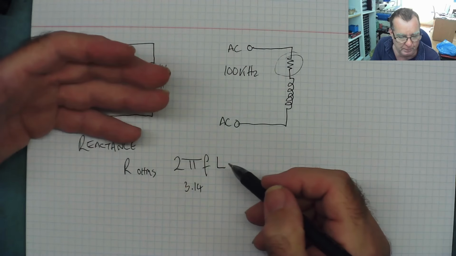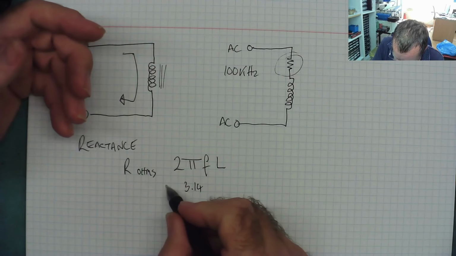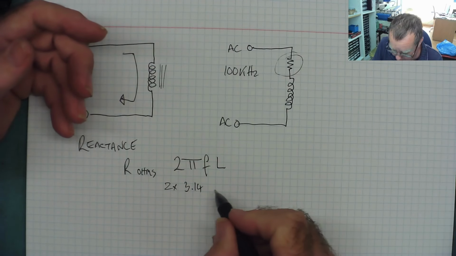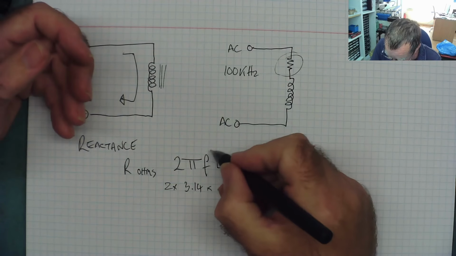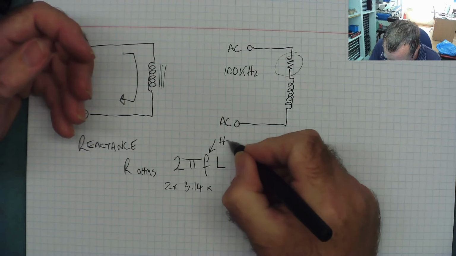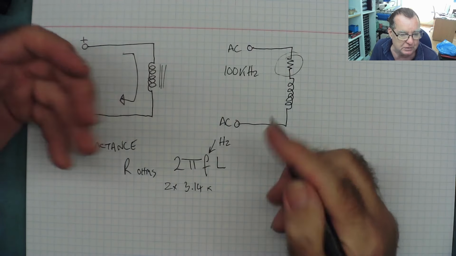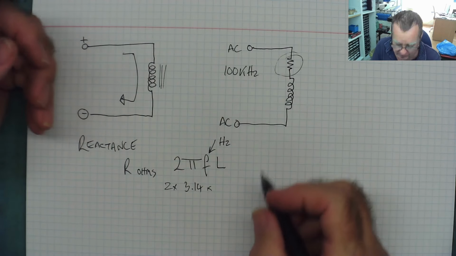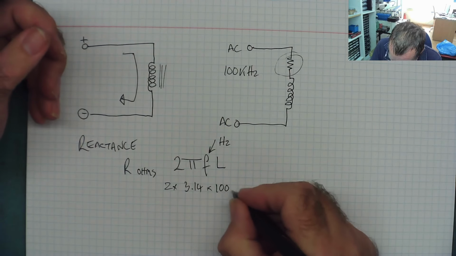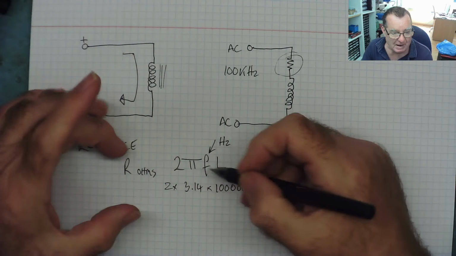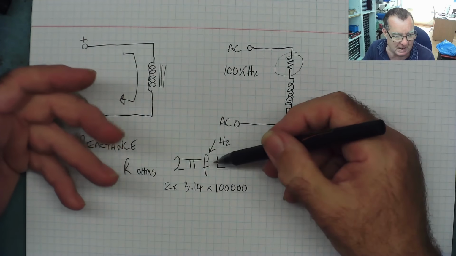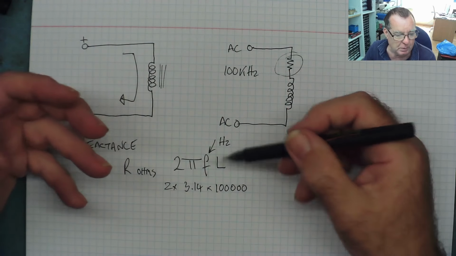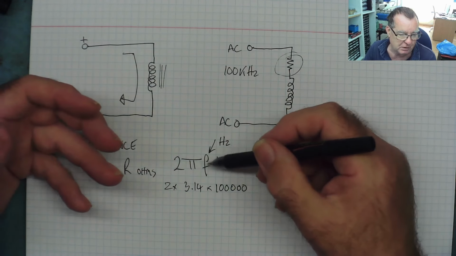So this formula becomes a bit simpler now. It's actually 2 times 3.14 times the frequency. Now the frequency is in hertz for the formula. Ours is 100 kilohertz, so F is 100,000. And that will never change as long as we use the same type of ESR meter, or we know the frequency of our ESR meter.